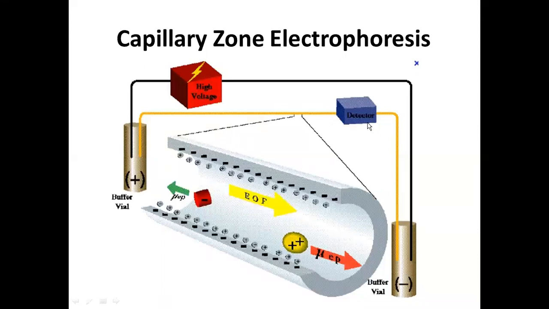In between, there is a detector, very close to the destination reservoir. So when you apply the electric field, the movement of the solutes will be seen in such a way that positively charged species will move at a greater velocity than the negatively charged species or the neutral species.